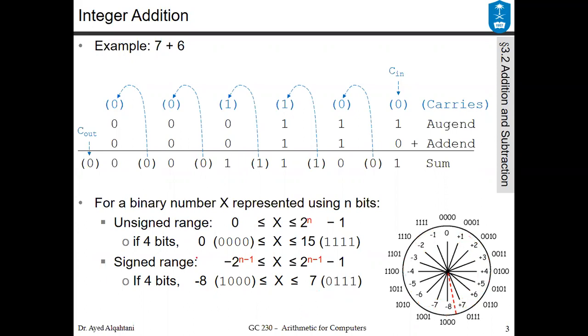Now, if you choose to use the unsigned range, the positive numbers are going to be the same, but you will continue after this: 9, 10, 11, 12, 13, 14, 15.